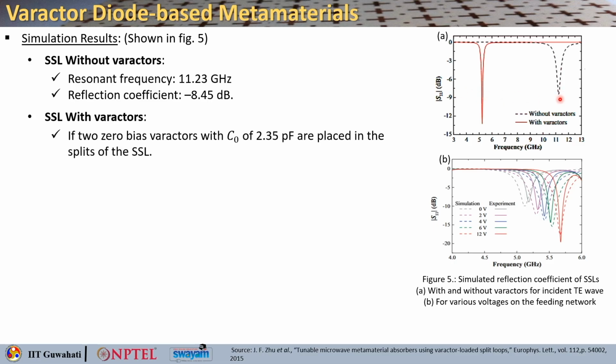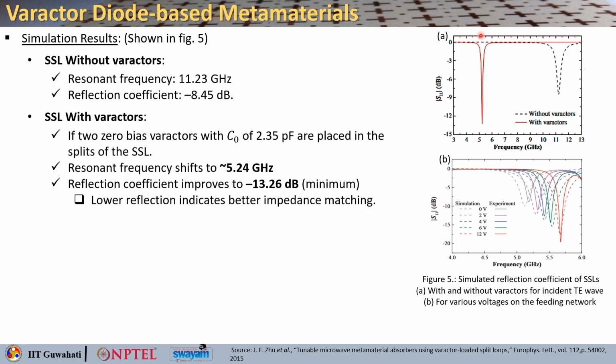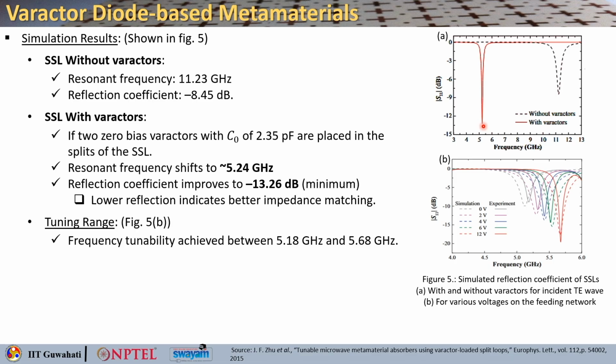But when you introduce varactors into those splits, with zero bias varactors which have a capacitance of 2.35 picofarad placed in these loops, you can see the resonance frequency shifts to 5.24 gigahertz, and the reflection coefficient improves to minus 13.26 dB, the new minimum, and lower reflection ensures better impedance matching. So, it is a very good thing.